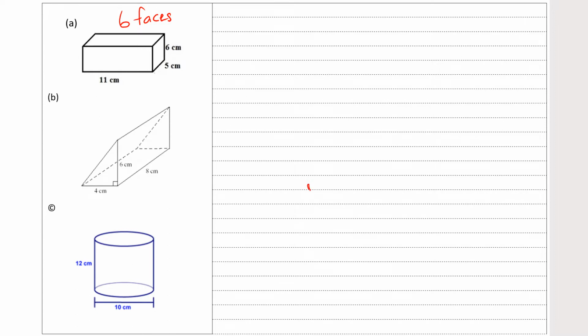So the face here, this little red face, is the same as this face at the back. They are equal. So we're going to label each face 1, 2, 3. So we have 2 of each because, I'll use my highlighter, this yellow face here is the face at the back.